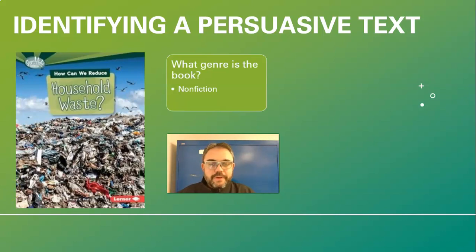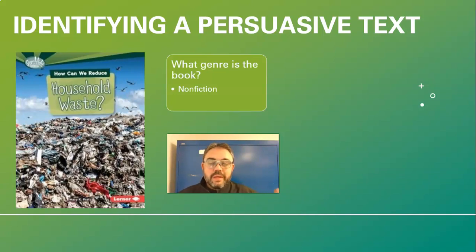Is it a fictional book or is it a nonfiction book? Okay. We want to establish whether it's fiction or nonfiction first. In this case, how can we reduce household waste is a nonfiction book, right? And most persuasive texts are nonfiction.